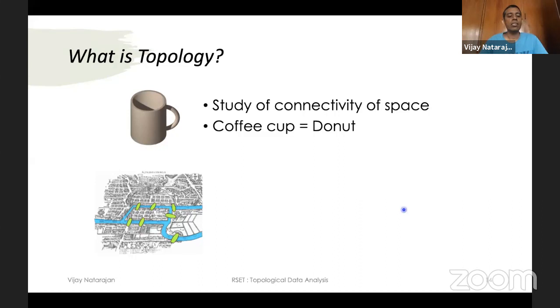There were 7 bridges that allowed you to cross the river at different places. These bridges were very beautiful, so the question was, if a tourist wants to see all the bridges, can you design a tour that takes the tourist through every bridge exactly once?